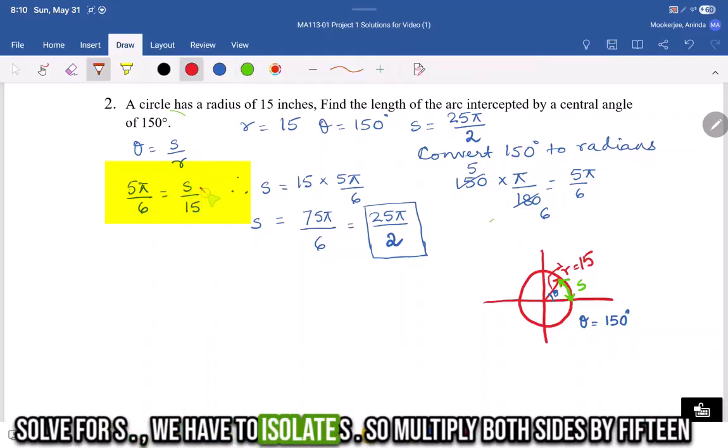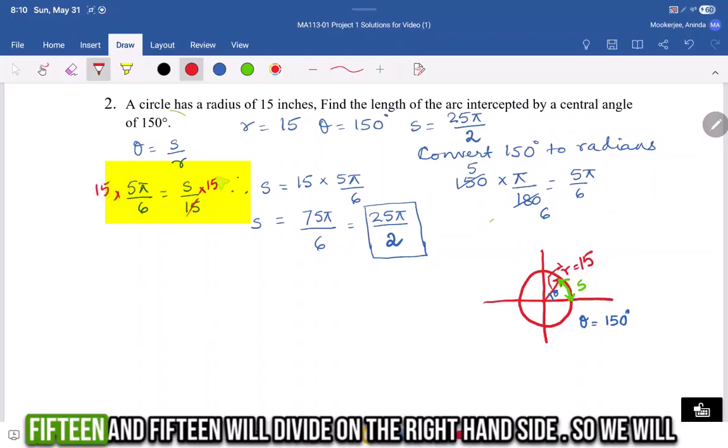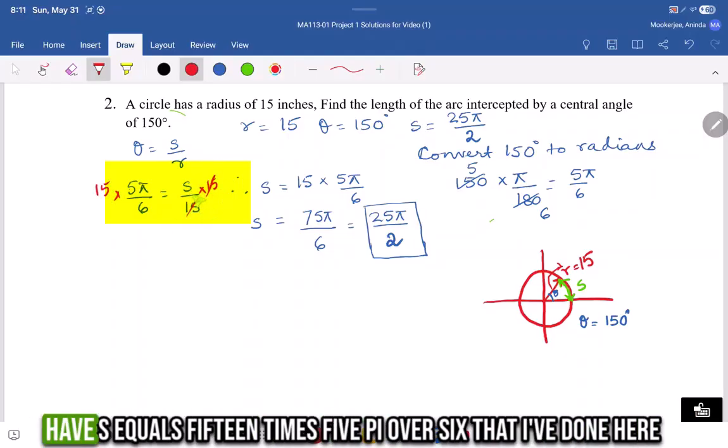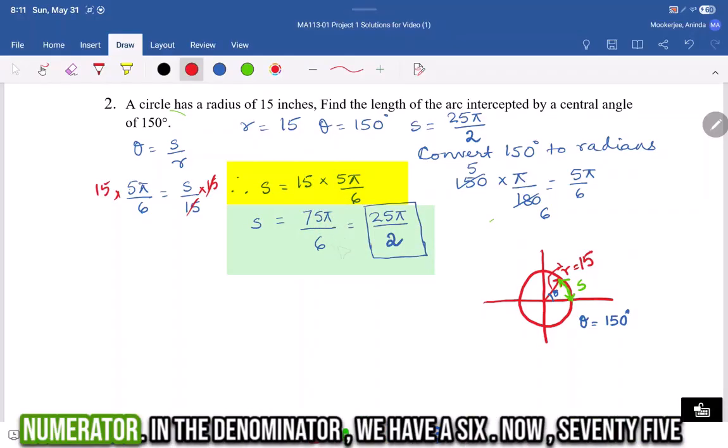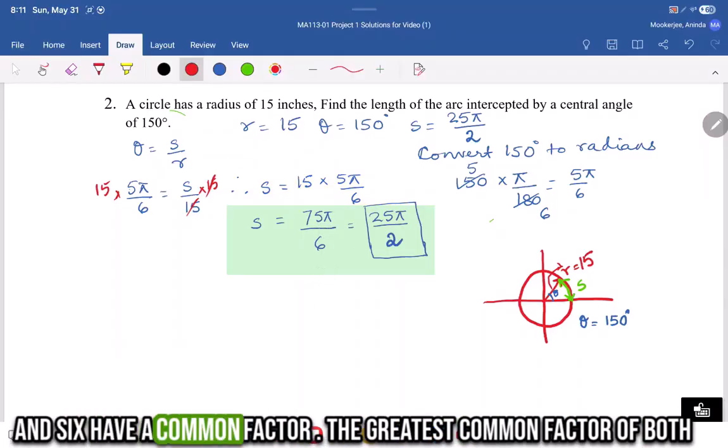We have to isolate S, so multiply both sides by 15. 15 and 15 will divide on the right-hand side. So we will have S equals 15 times 5 pi over 6 that I've done here. 15 times 5 is 75 pi. That's what we have in the numerator. In the denominator, we have a 6. Now 75 and 6 have a common factor.